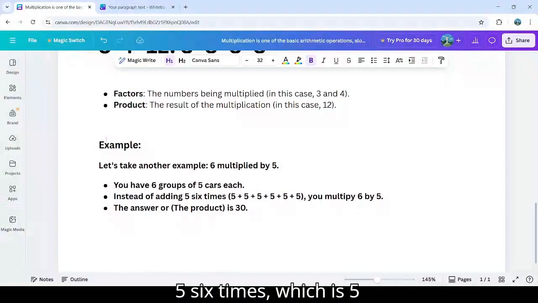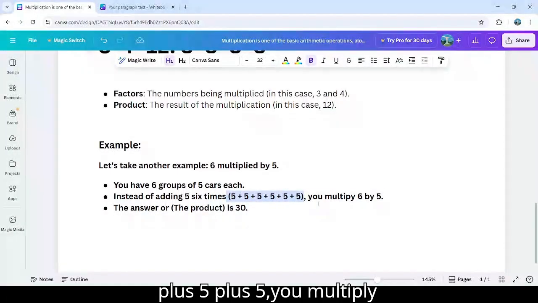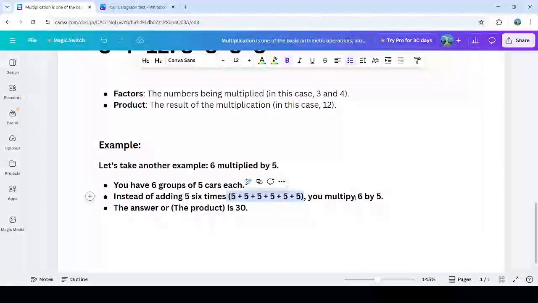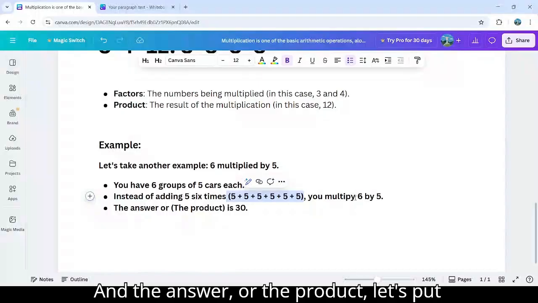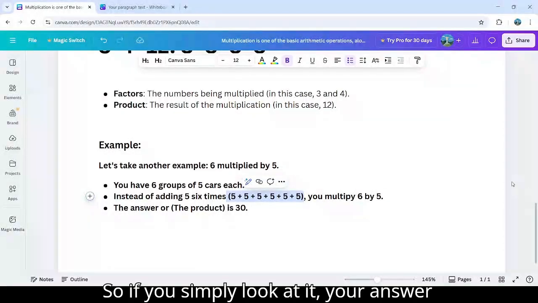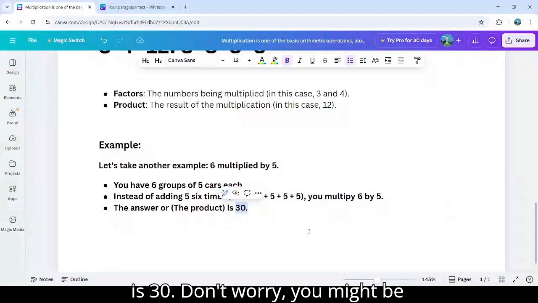Instead of adding 5 six times, which is 5 plus 5 plus 5 plus 5 plus 5 plus 5, you multiply 6 by 5, which is 6 times 5. And the answer, or the product, is 30, because 5 times 6 is 30.